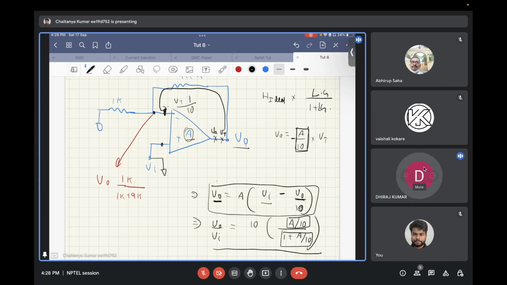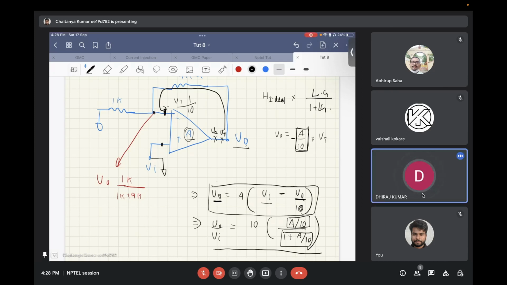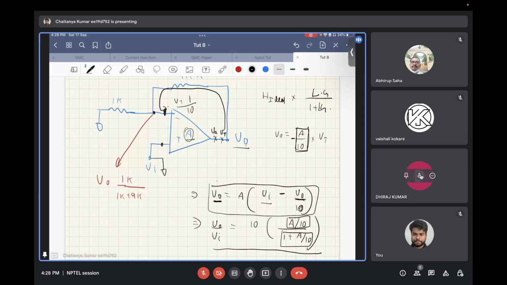If you have some query, please type it out in the chat window. Can you do that?